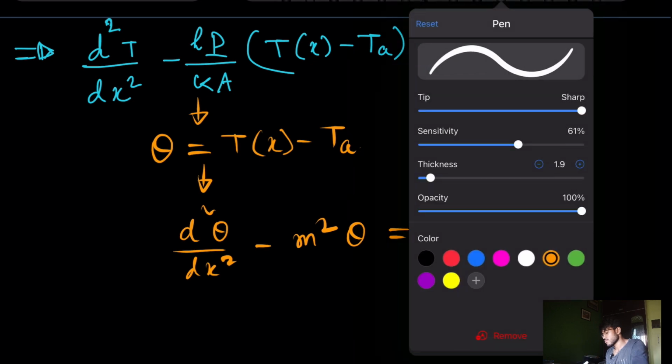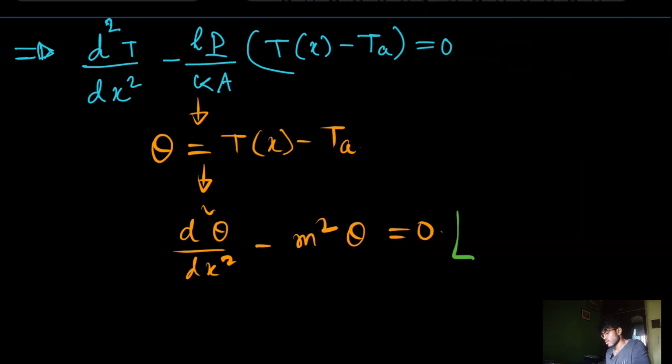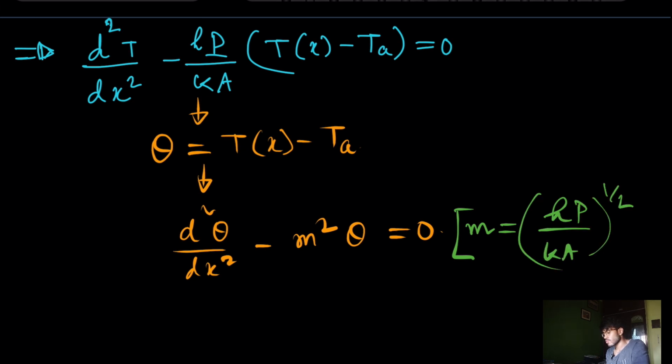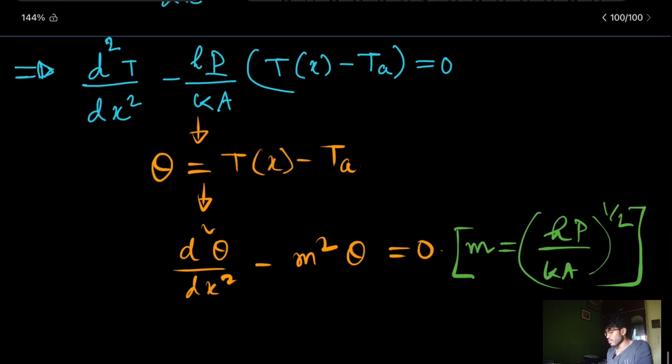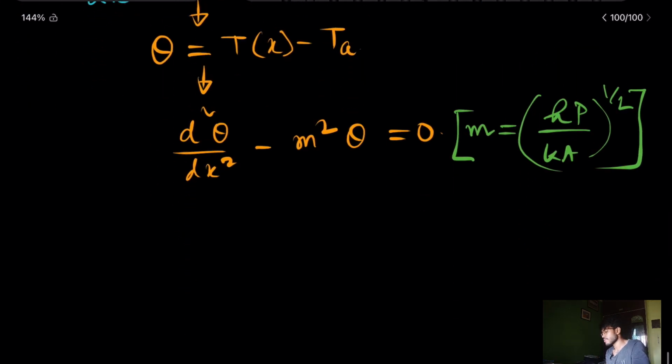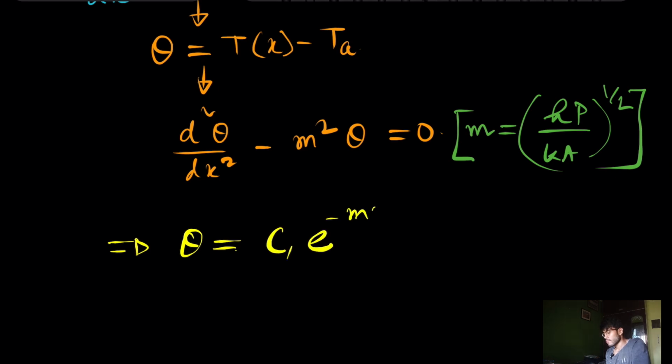And here m is equal to hP by KA whole to the power half. Okay. Now you have marked up this equation maybe in your GATE, and by this time you must know how the solution comes, that is C1 e to the power minus mx plus C2 e to the power mx. Okay.